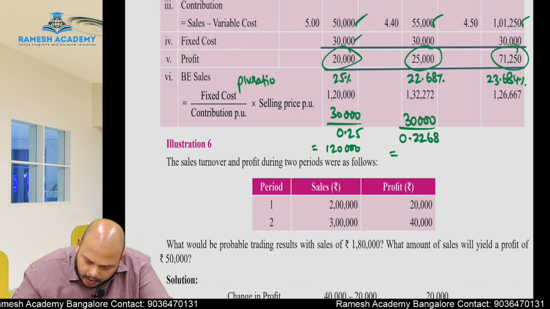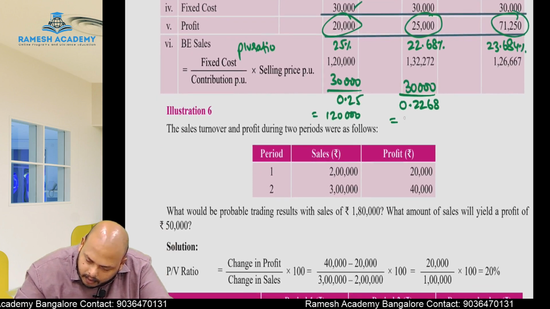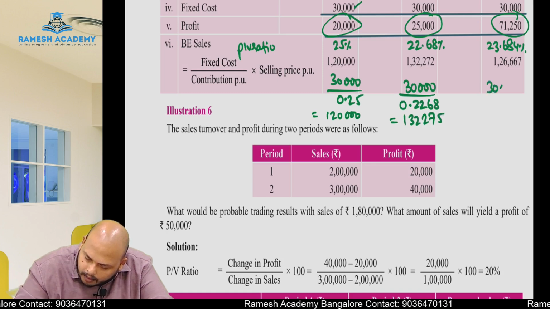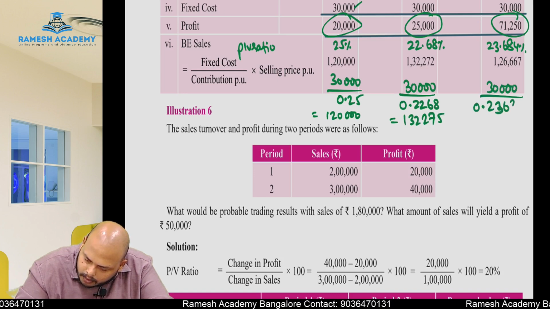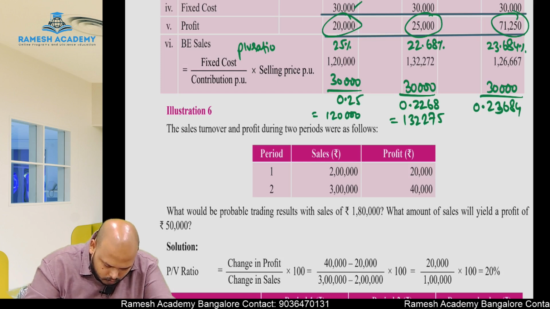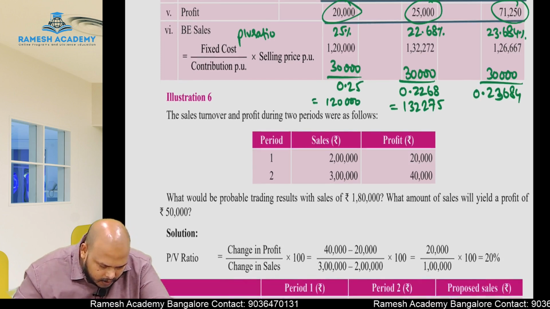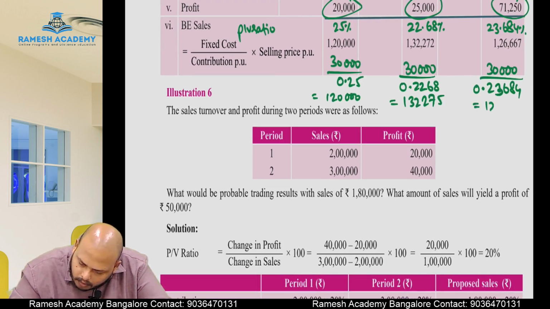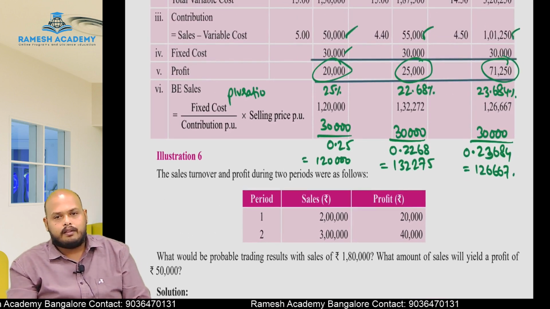That is nothing but 1,32,275. Here 30,000 divided by 0.23684. How much is that? 1,26,667. Okay, same thing which we got.